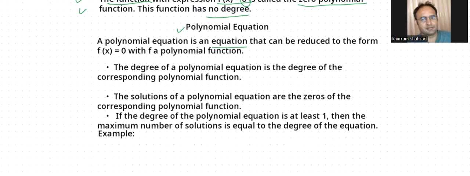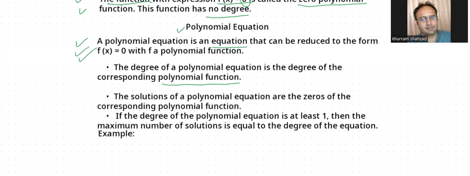Any polynomial equation can be reduced to the function, and that function will be called the polynomial function. The degree of the polynomial equation is the degree of the polynomial function defined here.